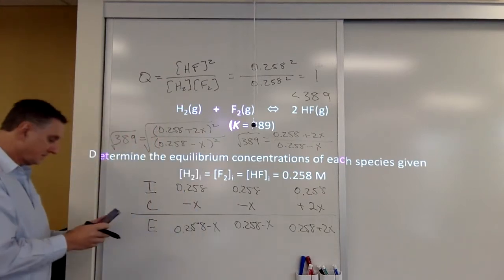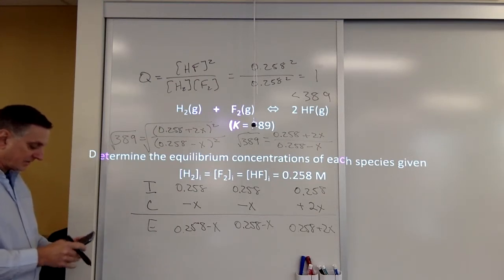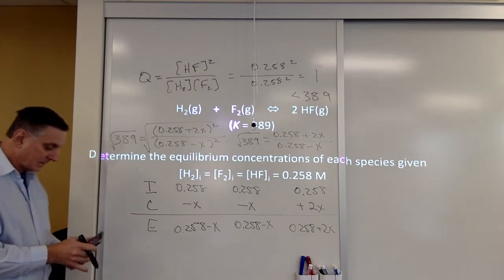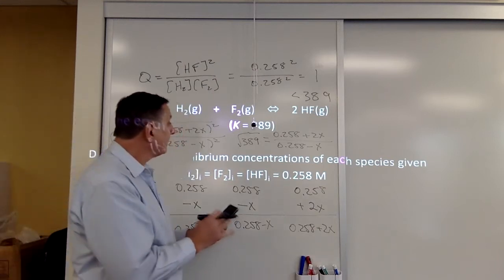All right, so let's see, the square root of 389. I should probably know this, but I don't right off the bat. Come on. It's one of these. Here it is.